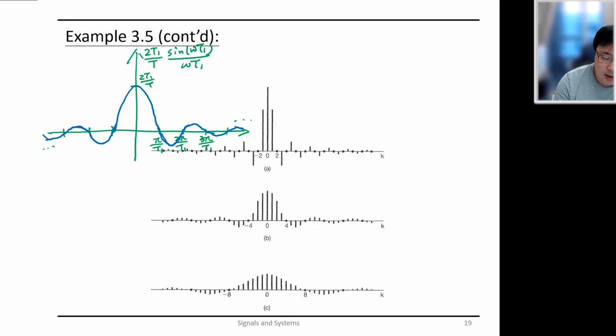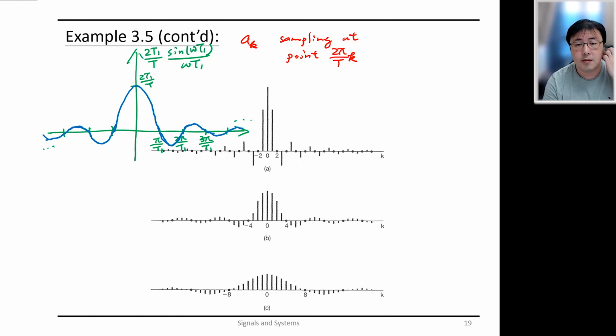So like I said, the AK that we get is like sampling at point 2 pi over t k. Okay. So, you know, how fast you sample the signal depends on how large you choose this capital T.